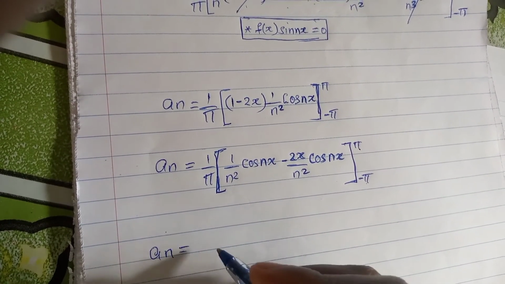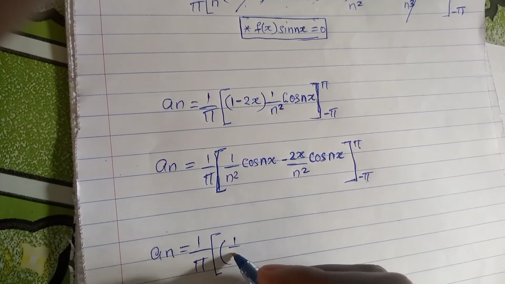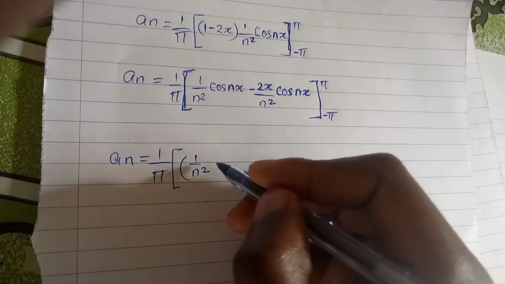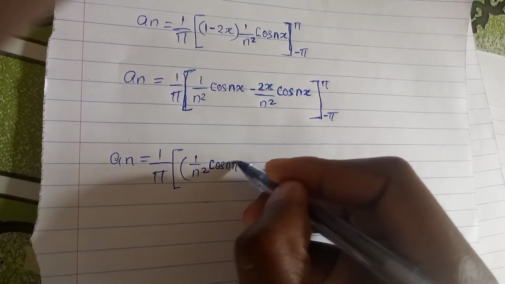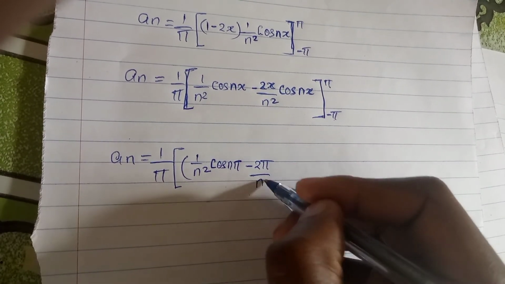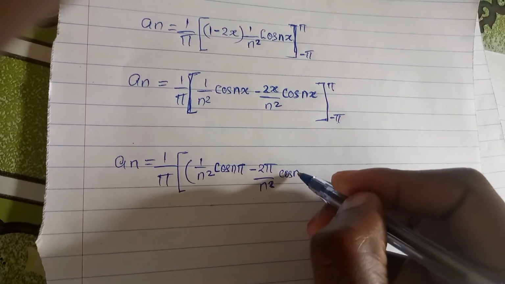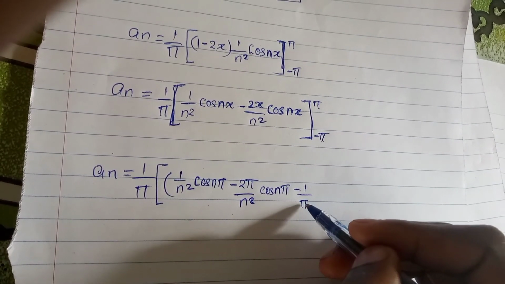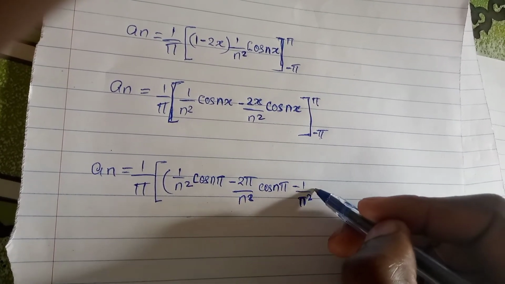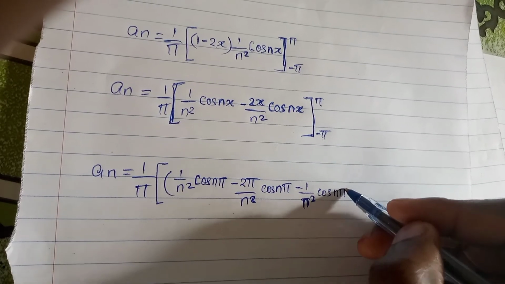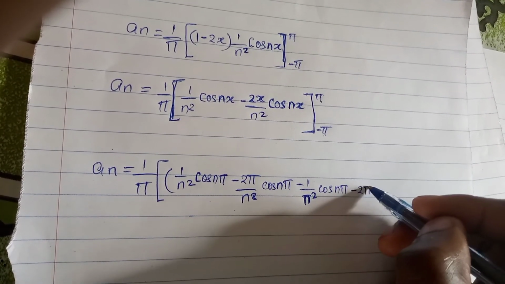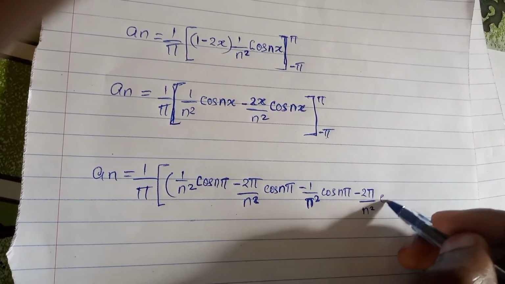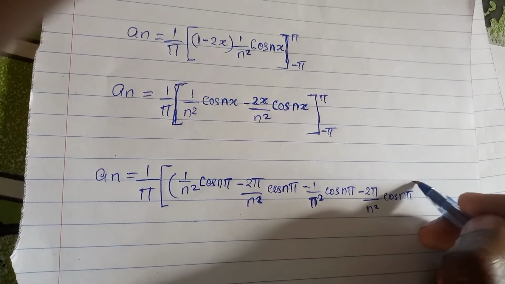So I'm going to have a_n equals 1 over pi into 1 over n squared cos n pi, minus 2 pi over n squared cos n pi, minus 1 over n squared cos n pi, then minus 2 pi over n squared cos n pi.